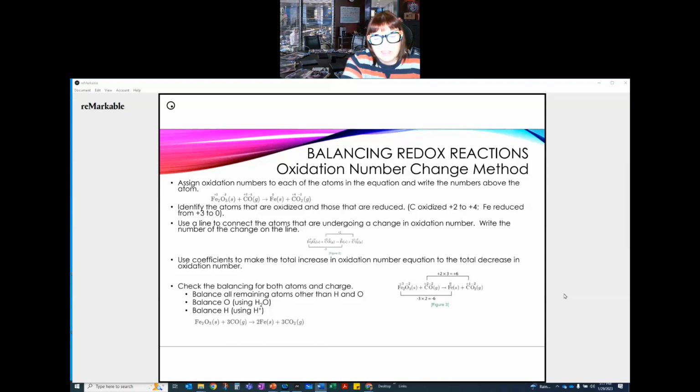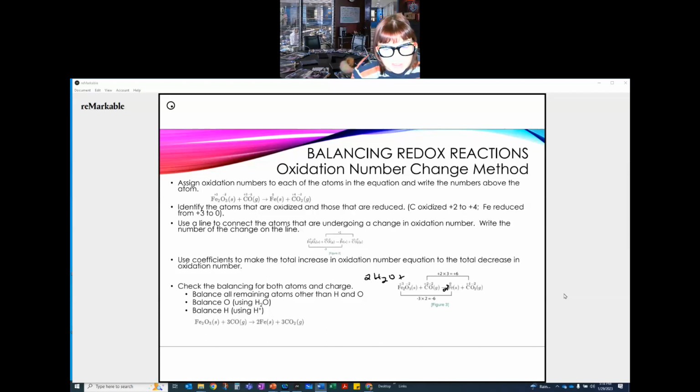And then they ask how many Fe's I have on both sides. I have 2 Fe's on one side, 1 Fe on the other, so I'll multiply that by 2. So this then becomes a 2 out here. We have 1 carbon on one side, 1 carbon on the other side. I know that I have 3 plus 1 is 4 oxygens on the reactant side, 2 oxygens on the product side. So I'd be adding 2 H2O to this side.